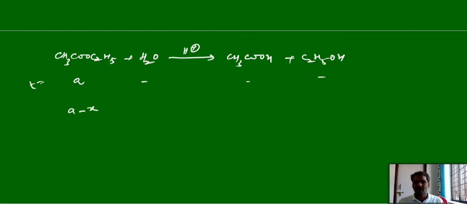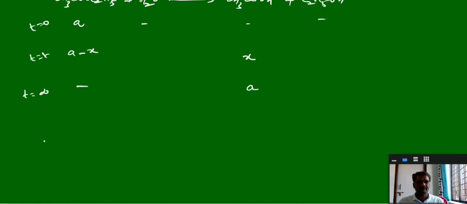This is at time t equal to 0 and at time t equal to t. Then how much acetic acid can be produced? X, and at time t equal to infinity all the ester will be consumed and we will get acetic acid A. Now the amount of acetic acid produced, these X and A values, we are titrating against sodium hydroxide. Now we will take up the volume of sodium hydroxide.